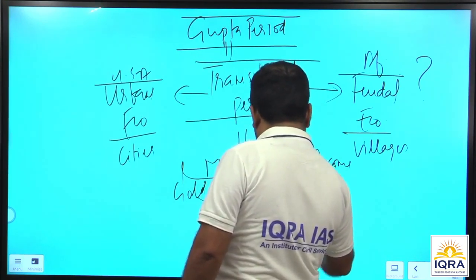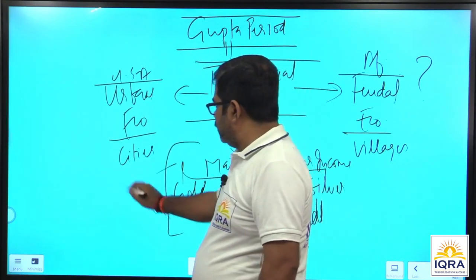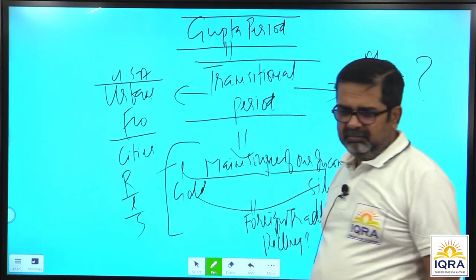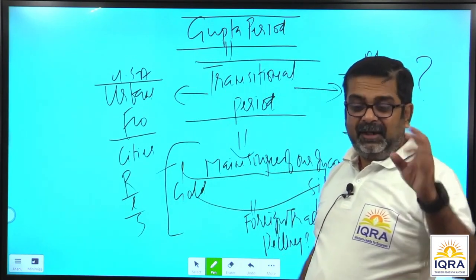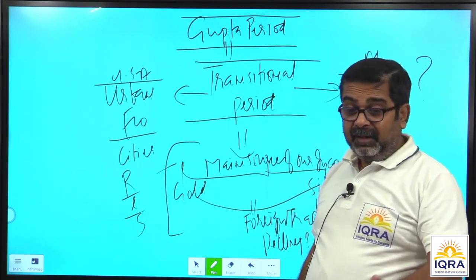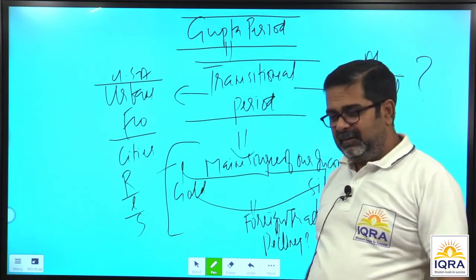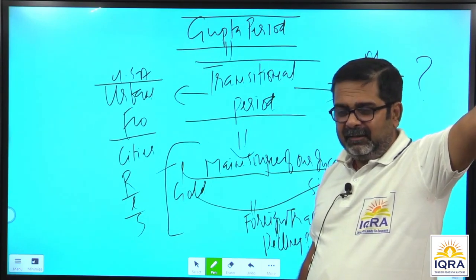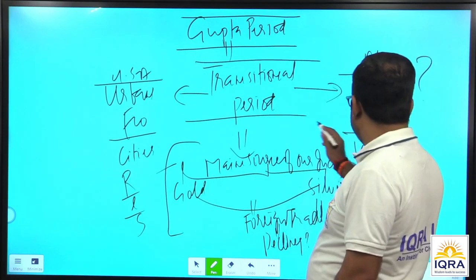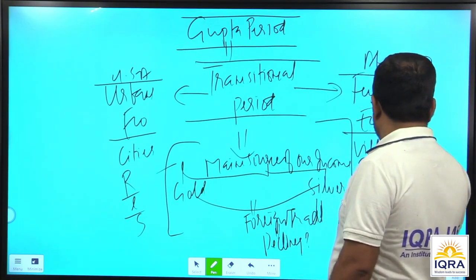Why? Romans learned the art of making silk. This was a main export from India and China. They learned the art of making silk, so that import comes down. Plus restriction by Romans.